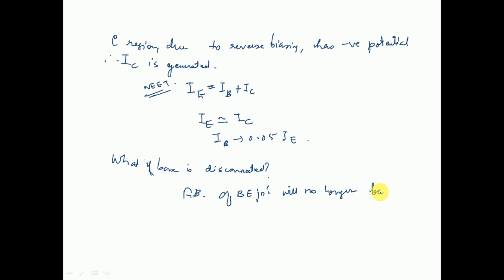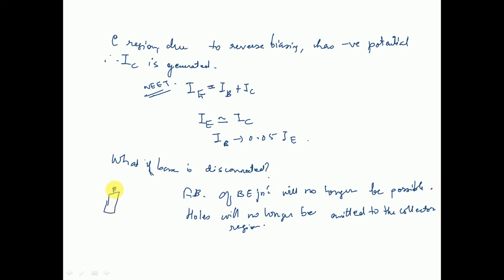Therefore the holes will no longer be emitted by the emitter to the collector region, because the reverse biasing puts the base at a negative potential.